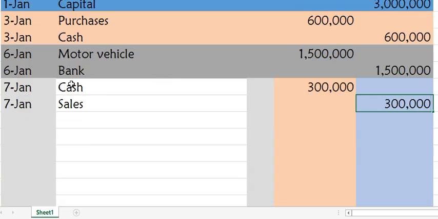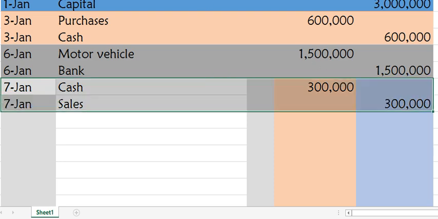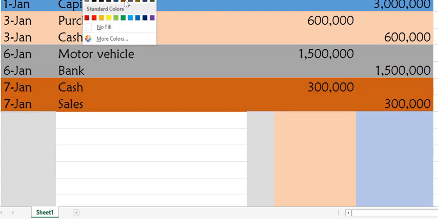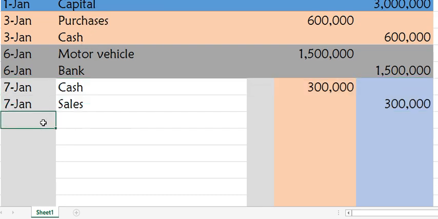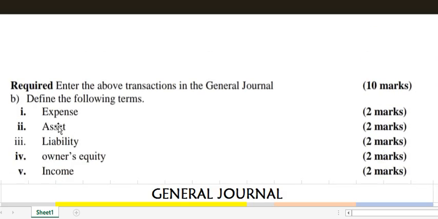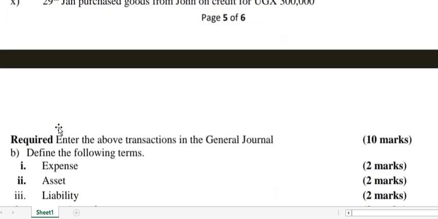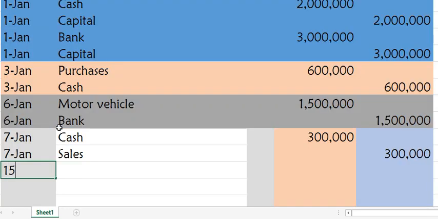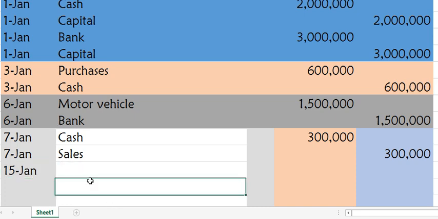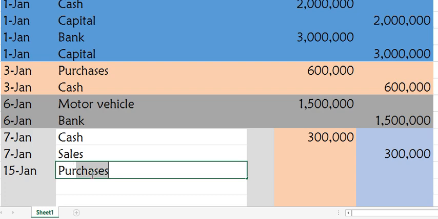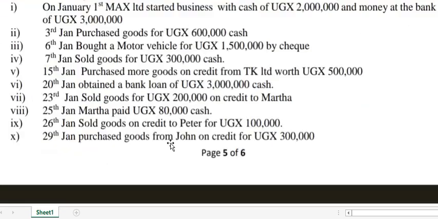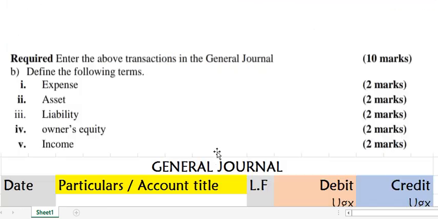Of course, you know, when we purchase goods, our purchases increase. So purchases, that is an item of expense, will be debited. So on 15th January, purchases are increasing. How much? 500,000.